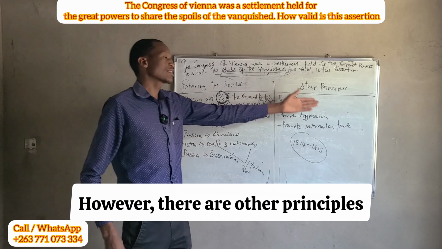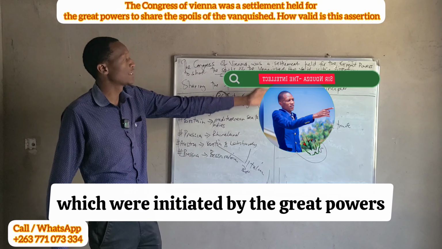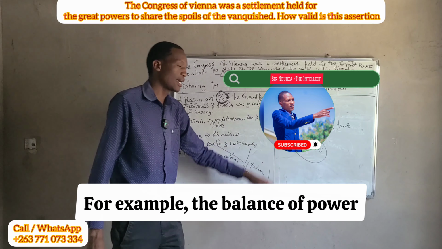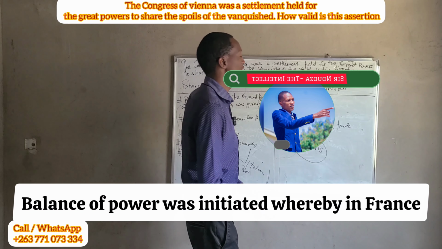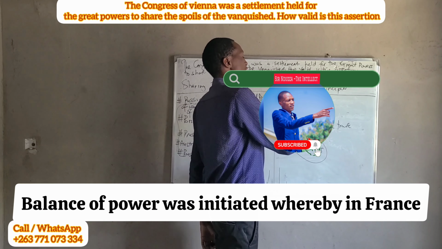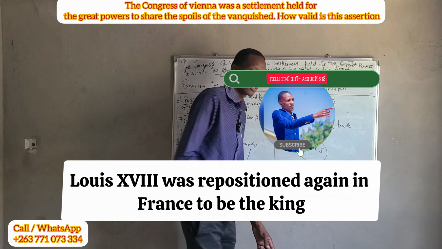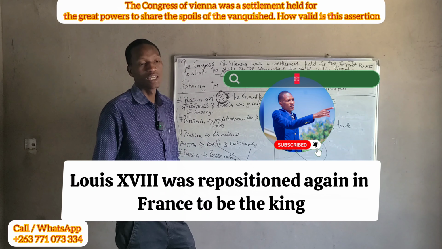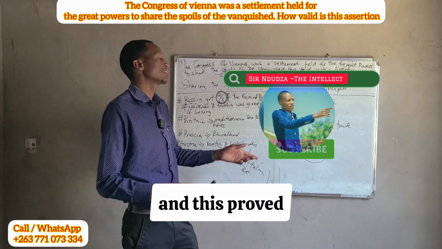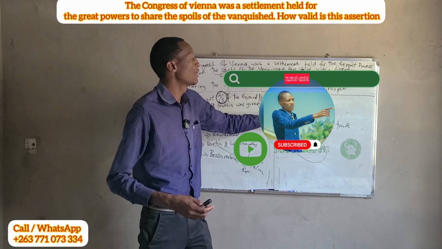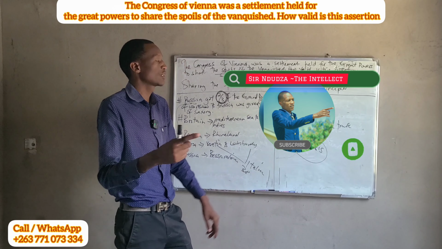However, there are other principles which were initiated by the great powers at the Vienna Congress. For example, the balance of power. Balance of power was initiated whereby in France, Louis XVIII was repositioned again to be the king. And this proved that they wanted to maintain the balance of power.